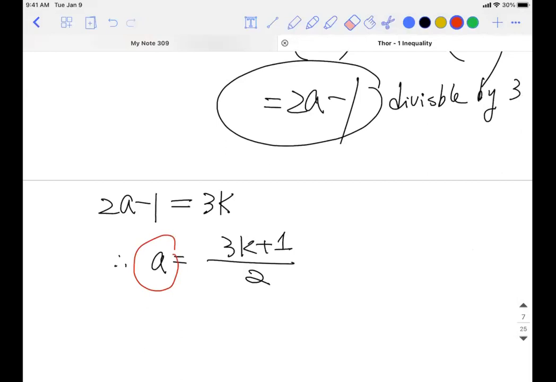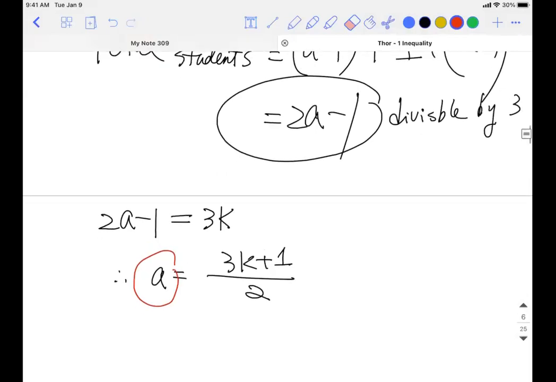As long as I find a value for A, I'm going to check whether it can be divisible by 2 when there's 3K plus 1. Or I can find the number for A, and then verify that 2 times A minus 1 must be a number divisible by 3, and the remainder is 1. I think that makes sense, right?